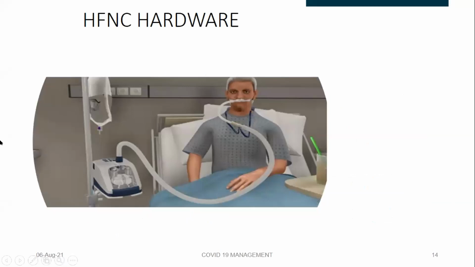So this is the hardware for the high flow nasal cannula. That is the flow generating gadget. The front part is the humidifier, and it has a hot plate that humidifies the distilled water that you hang with a bag, and it slowly trickles into the chamber.